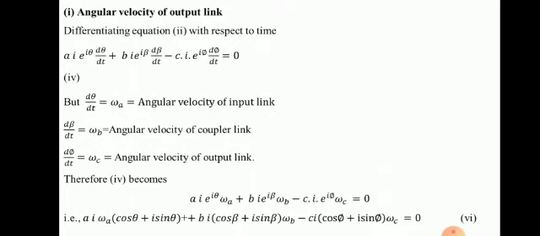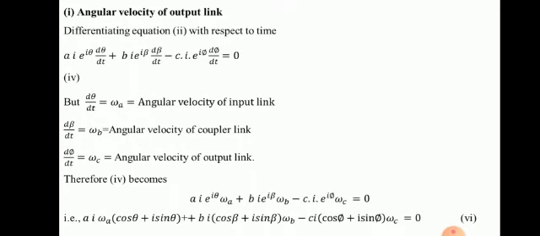Therefore, the fourth equation becomes: A·i·e^(iθ)·ωA + B·i·e^(iβ)·ωB − C·i·e^(iφ)·ωC = 0.